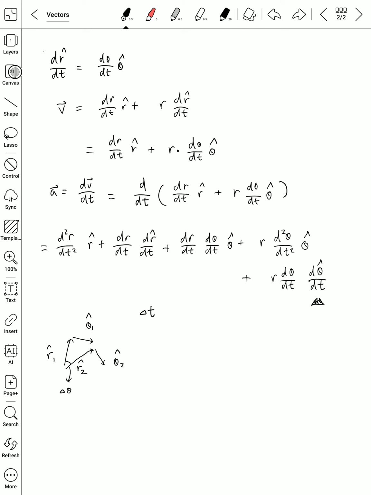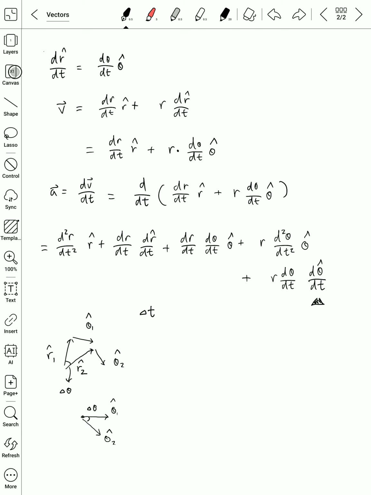So just pulling out θ1 hat and θ2 hat, one can see very easily that the angle between θ1 hat and θ2 hat is in fact Δθ. And I could prove this, but it's a non-trivial geometric proof, so do it yourselves.